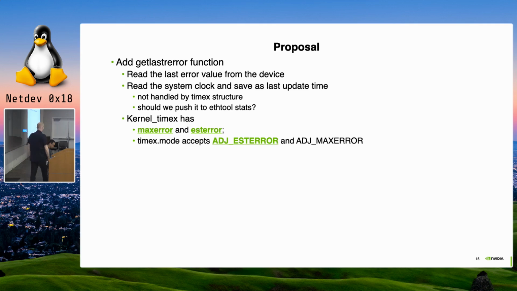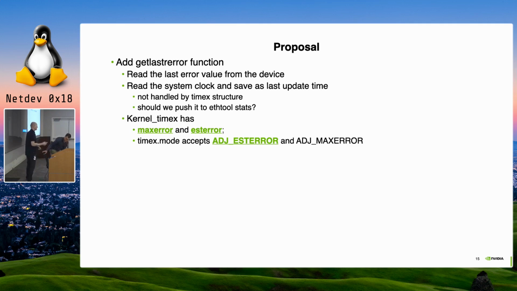Okay, so a couple of proposals. I'm open for discussion to make sure that this is what will suit the needs. So the get last error function that will be added to the PTP clock, which will read the last error and report it in the max error and estimated error inside the timex structure.